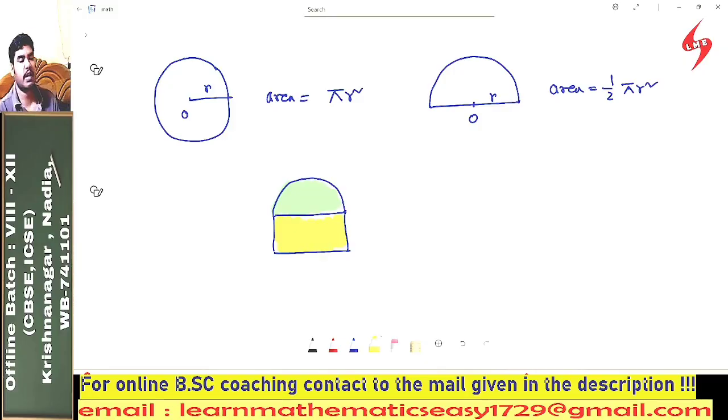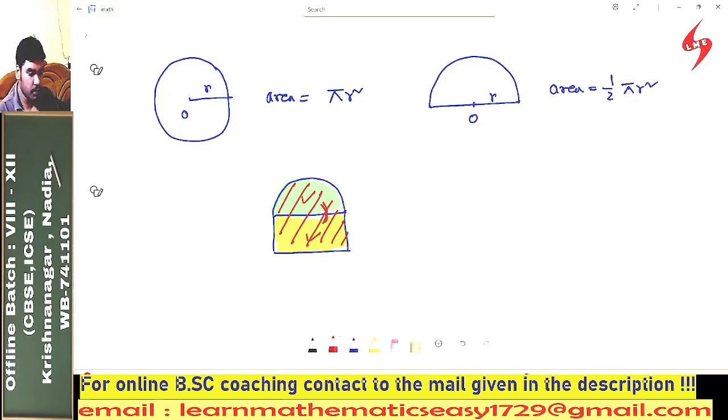If you have all the measures required, like length, base or radius, then you can find the area of this, and of this, and of this. Then if you add them, the required total area will be determined.